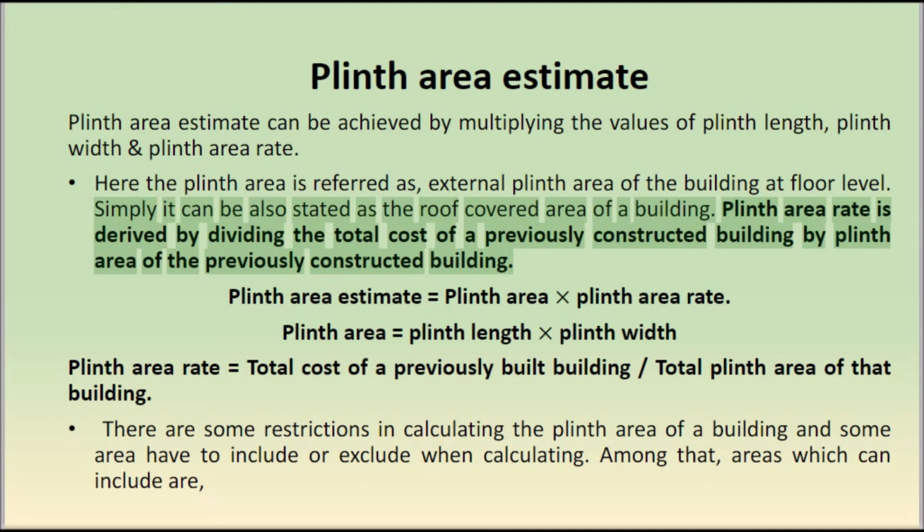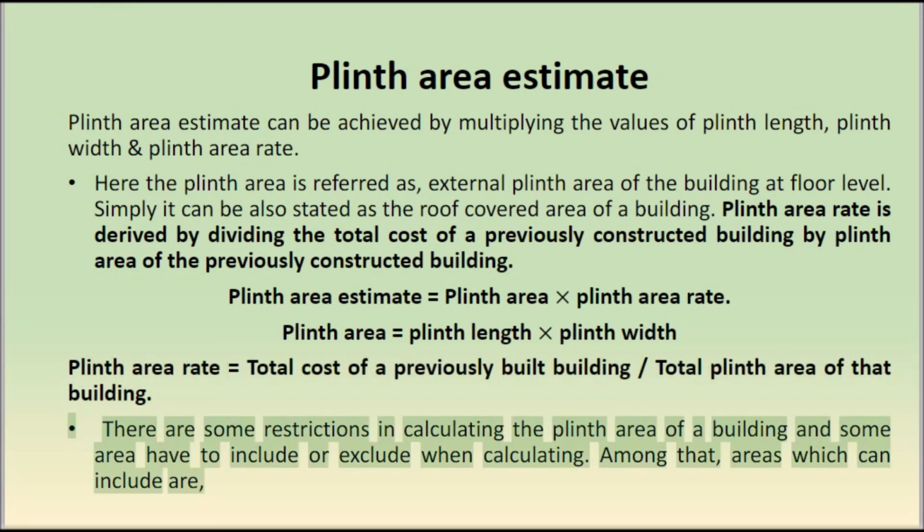Plinth area rate is derived by dividing the total cost of a previously constructed building by the plinth area of that building. Plinth area estimate equals plinth area times plinth area rate. Plinth area equals plinth length times plinth width. Plinth area rate equals total cost of a previously built building divided by total plinth area of that building.